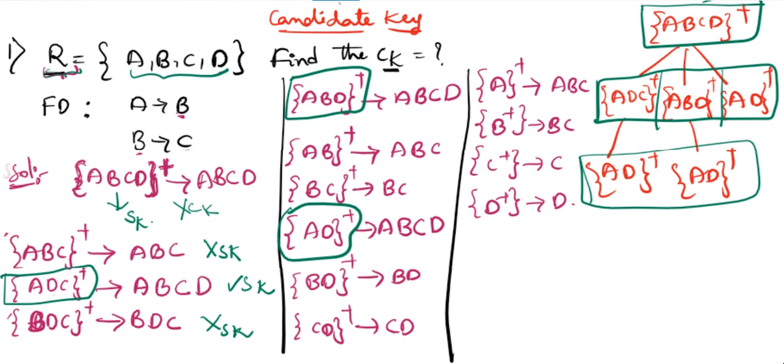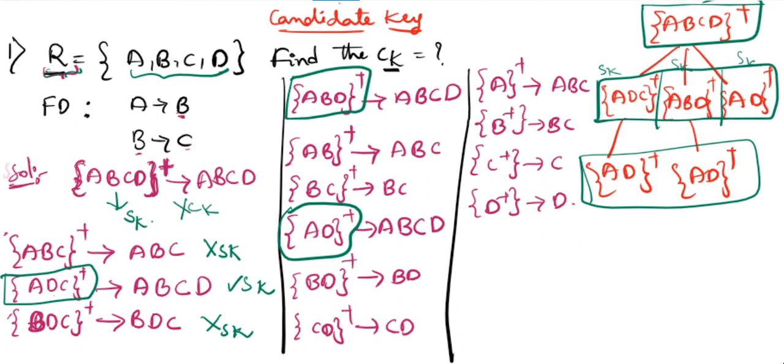That is called a candidate key. And here this is having three subsets: ABC, ADC, ABD, AD. ADC, ABD, AD. These three are the subsets. But this is again having subsets, and these are super keys also.